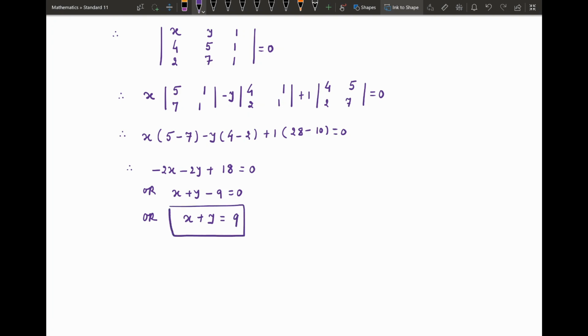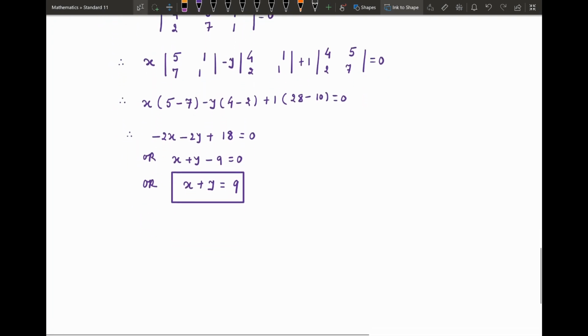This is the Cartesian equation of line AB, and easily you can verify.